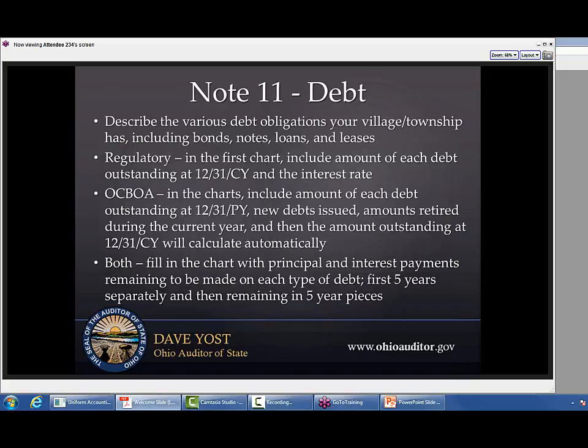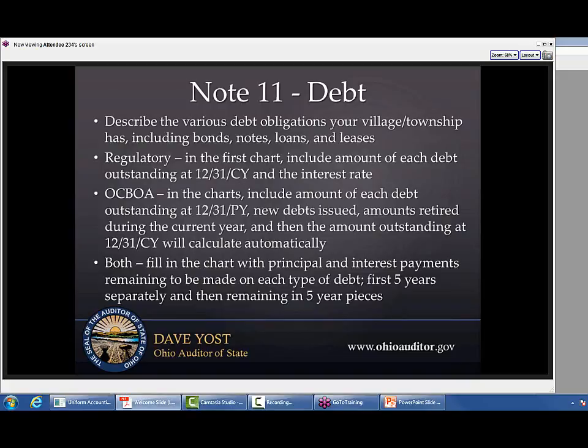And then if you have debt that goes beyond those dates, then you're going to want to list those in 5-year increments. So let's say you have debt that goes out to 2030. So you would have 2022 to 2026, and then you would also have 2027 to 2030. So that way you can list out all the payments that are going to be made.